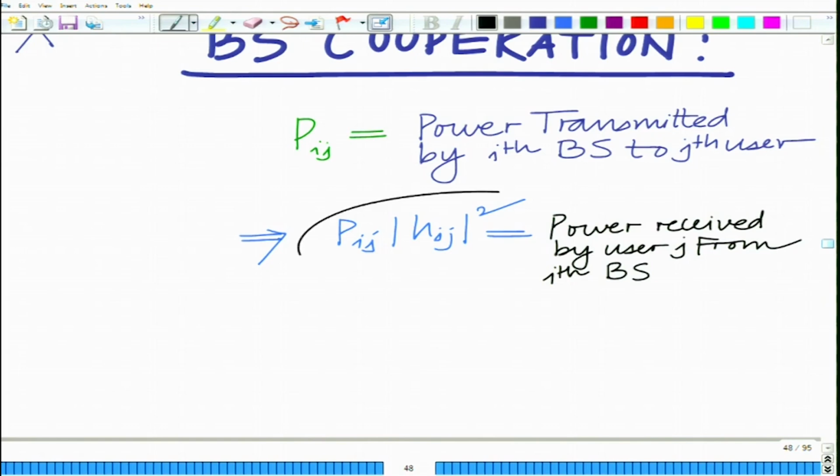So this quantity is given by Pij magnitude Hij square.